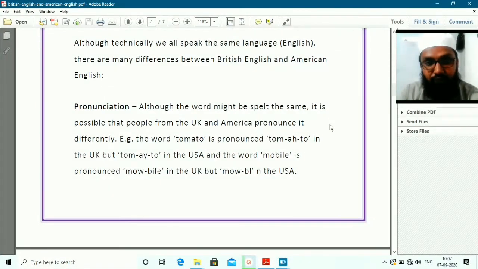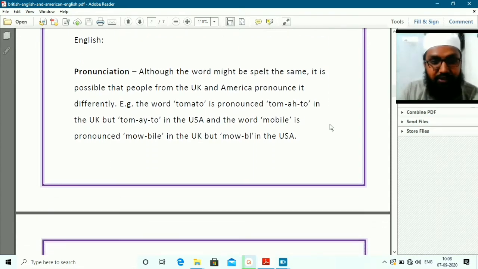The first difference is in pronunciation. Although the word might be spelled the same, it is possible that people from the UK and America pronounce it differently. For example, the word tomato is pronounced differently in the UK and in the USA, and the word mobile is pronounced differently in the UK and in the USA.